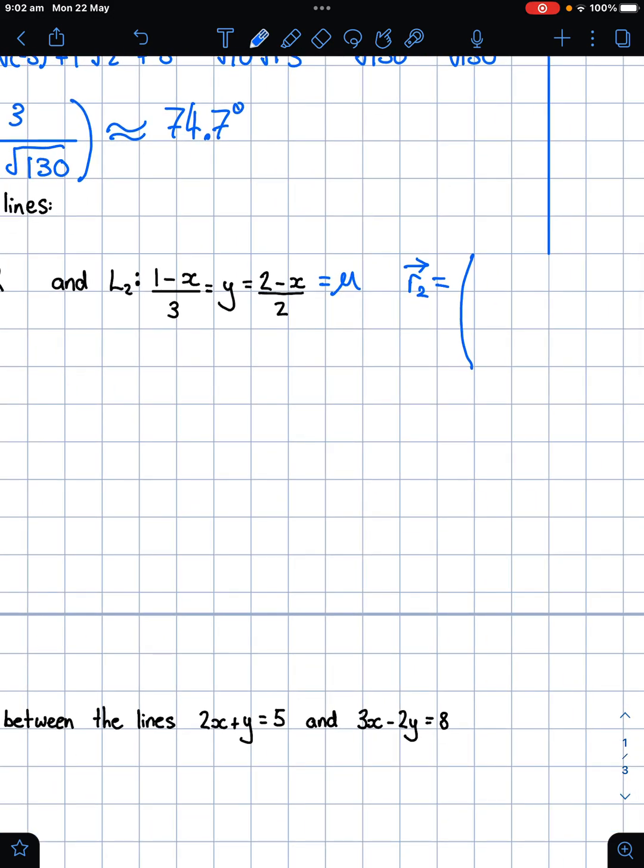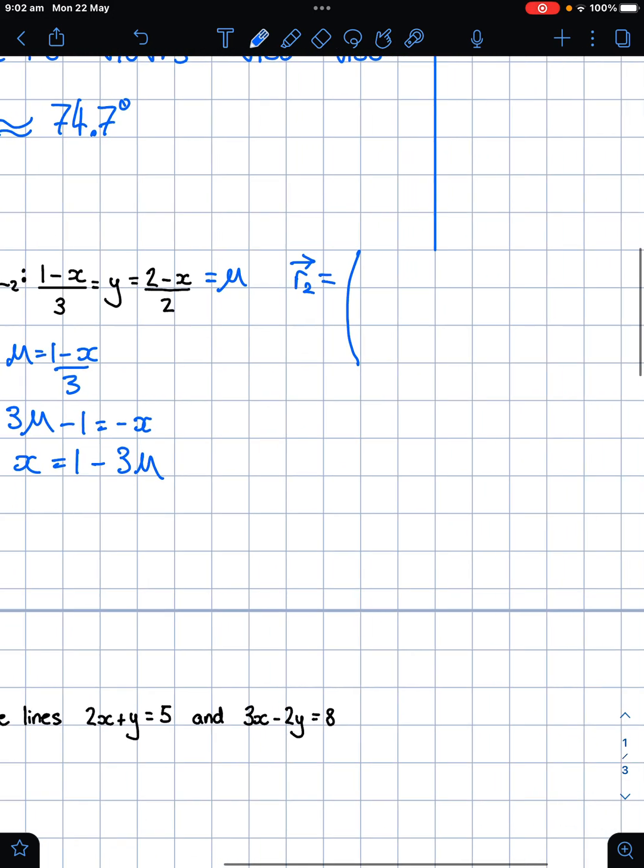This one here, let's just do mu equals 1 minus x on 3. This will rearrange to 3 mu minus 1 equals negative x, so x equals 1 minus 3 mu.